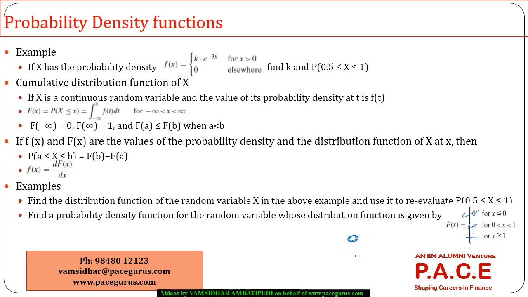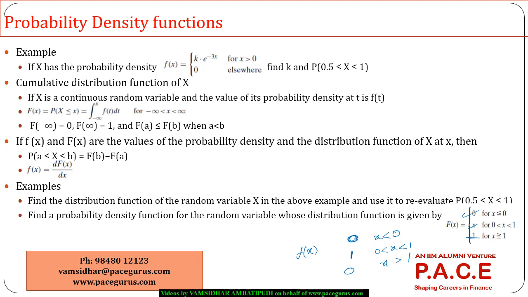Derivative of x is 1. Derivative of 1 is 0. So I am getting f of x, the derivative: for x less than 0 it is 0, for x lying between 0 and 1, f of x is 1, and for x greater than 1, f of x is 0.